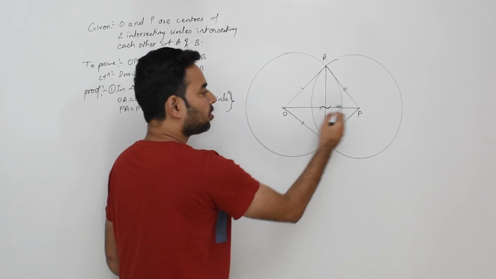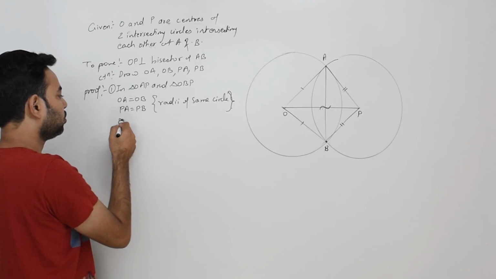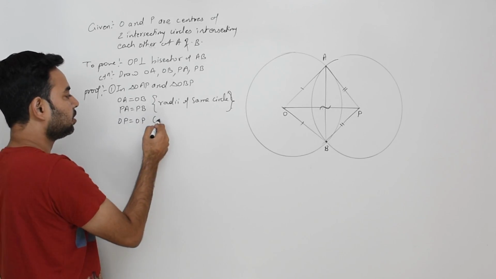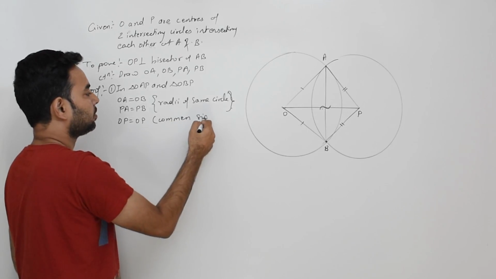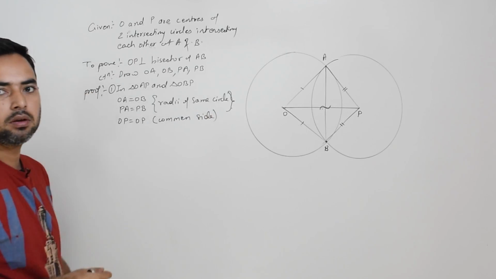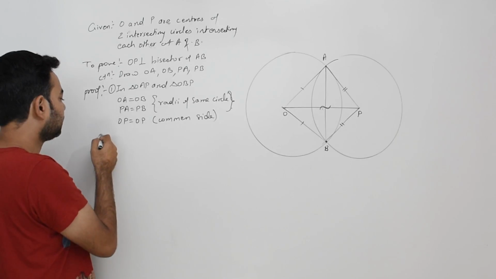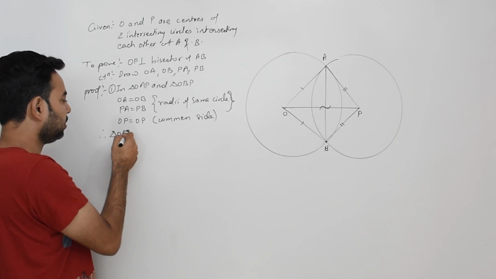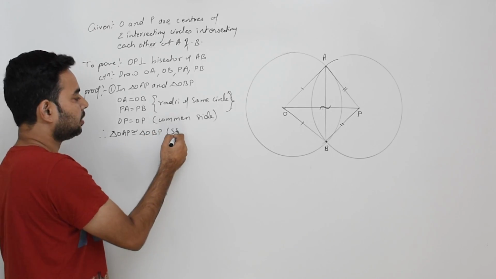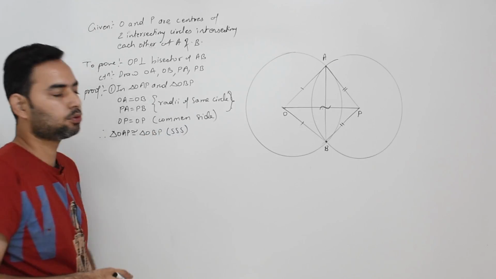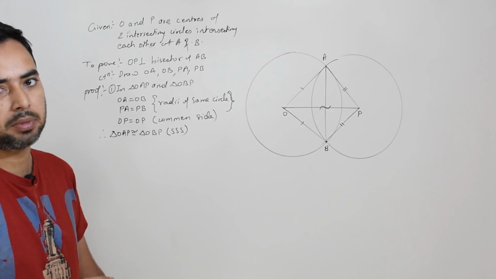Then this is the common side, OP equals OP. So triangle OAP is congruent to triangle OBP by SSS test. All the three sides are equal, then the triangles are congruent by SSS test.